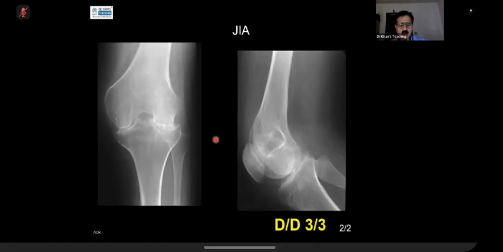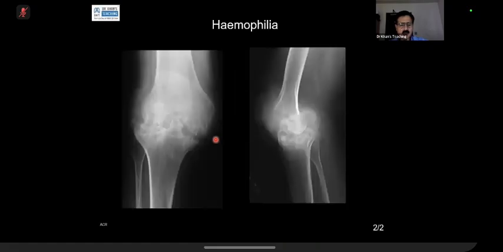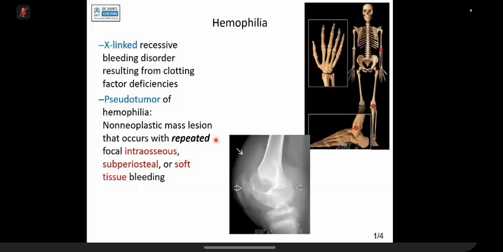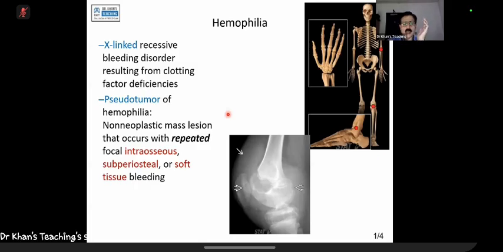Now, in hemophilia, the key thing which you have to remember is, think like this, that the radiological features which we get, the exam features which we get, are because of bleeding.